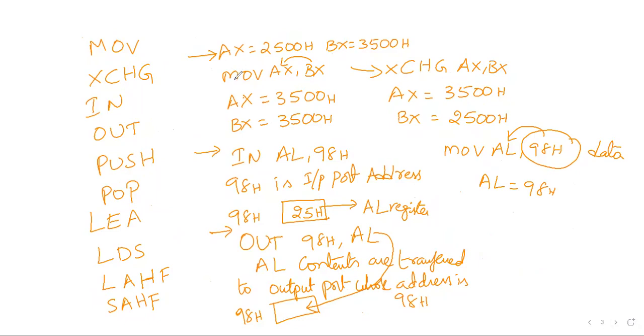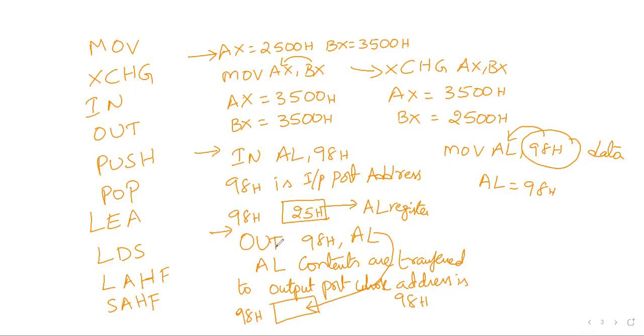I already explained the difference between move and exchange. In the IN instruction, the 98 is a number, but it acts as the address of the input port. Here, in the move instruction, this 98 acts as immediate data.